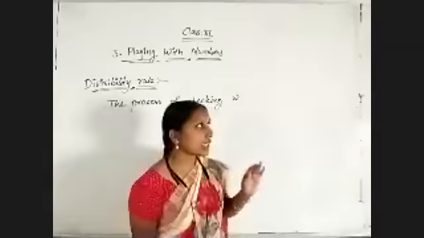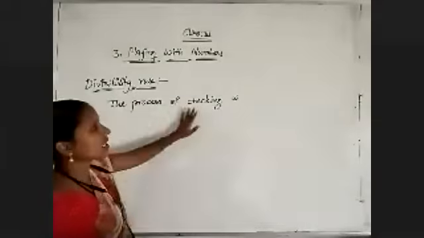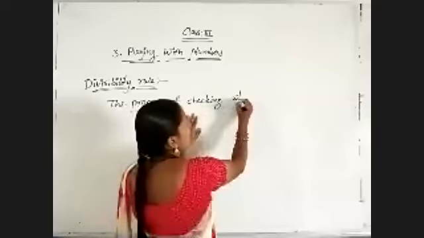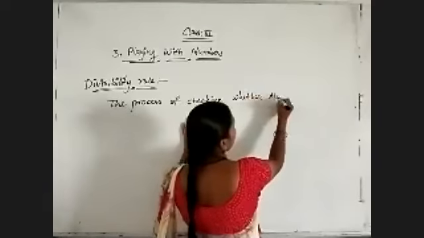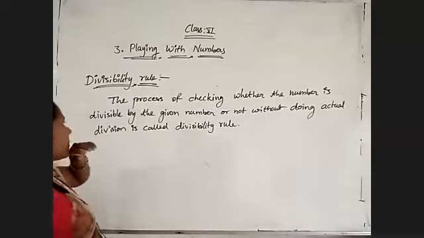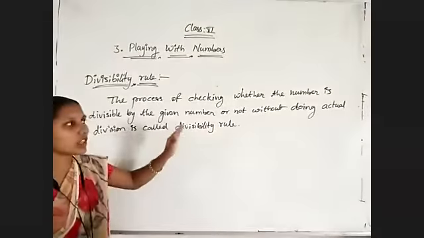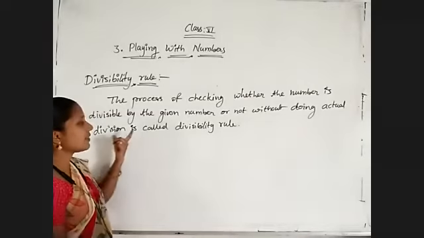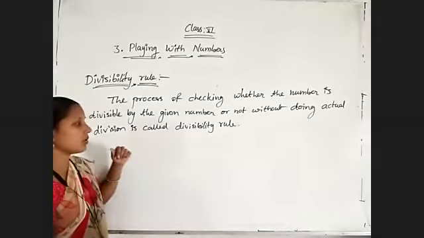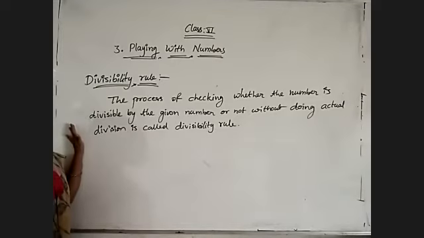So here the definition is given: divisibility rule is nothing but the process of checking whether the number is divisible by the given number or not without performing the actual division. That is known as a divisibility rule. So here we are going to learn the divisibility rules for different numbers.